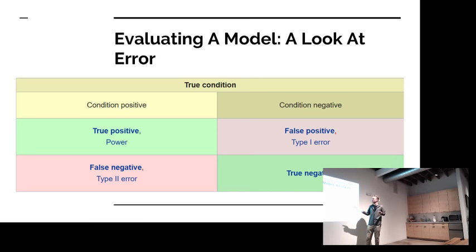A false negative, meaning you correctly predicted that it's false, so you correctly predicted that spam is spam, or that not spam is not spam. And then a false positive, meaning you predicted something was correct, but actually was not correct. So you predicted spam was not spam, but actually it was spam. And then a true negative, meaning you correctly predicted that it's negative.